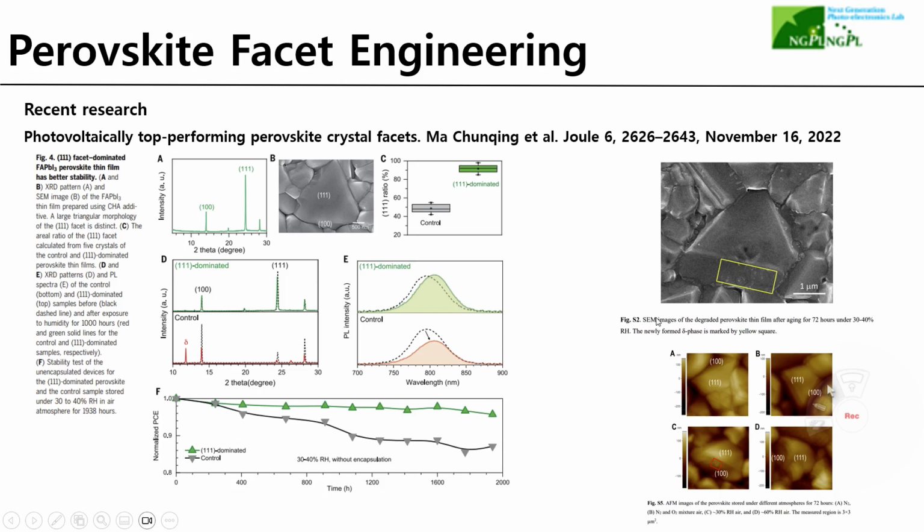Also, from the AFM image, the 100 facet shows that some moisture also remained in this crystal face. As a result, this group shows that the 111 dominated perovskite facet solar cell has more humidity resistance than the 100 perovskite facet structure.